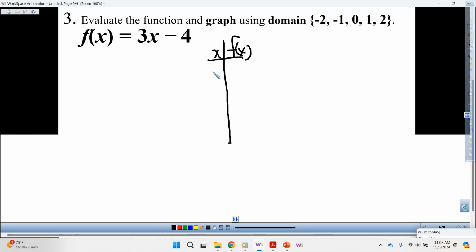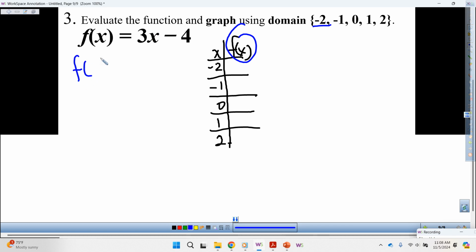My domain is -2, -1, 0, 1, and 2. My range over here, I need to substitute these values in here. So f of x equals 3x minus 4. My first value is -2. Here it goes. Mental math. Y'all ready? All right. -2 times 3, -6 minus 4.